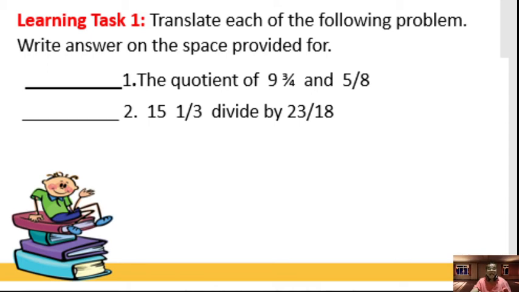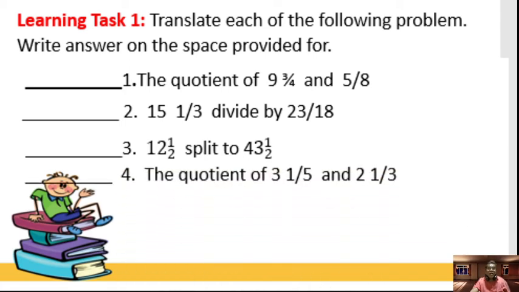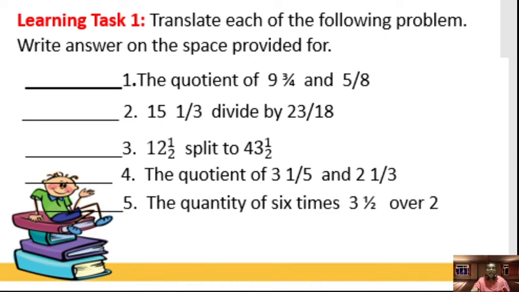Just translate. 3. 1/2 is split into 4 and 1/2. 4. The quotient of 3 and 1/5 and 2 and 1/3. And of course, the last one is the quotient of 6 times 3 and 1/2 over 2.